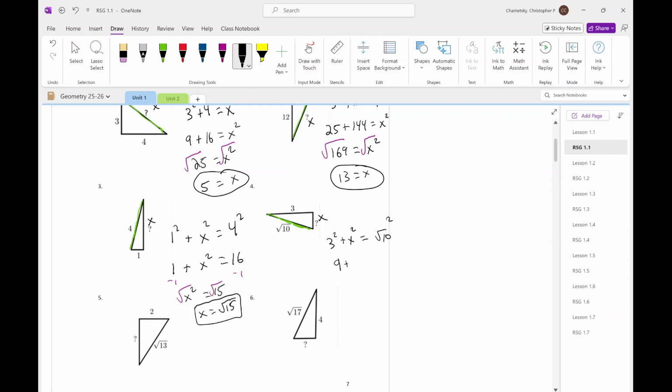So what we're left with is 9 plus x squared equals 10. So from here we're going to subtract 9, minus 9, minus 9. And we get x squared equals 1. Take the square root. And the square root of 1 is 1.